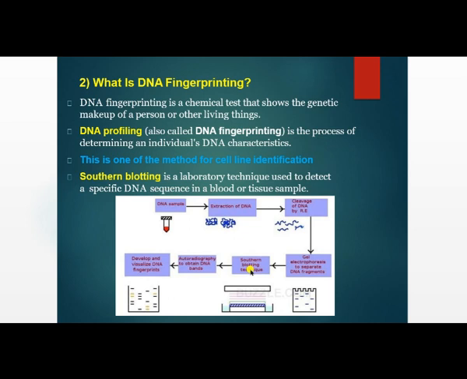In this Southern blotting we are using nitrocellulose paper, which is responsible for taking up these bands from the gel onto that paper.